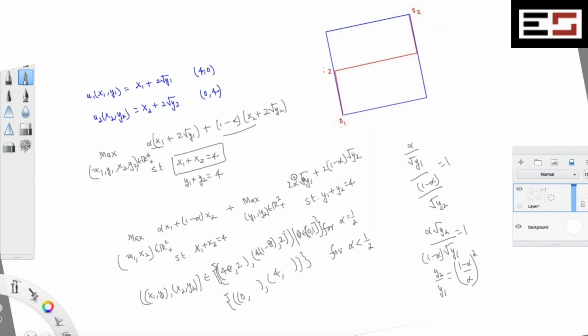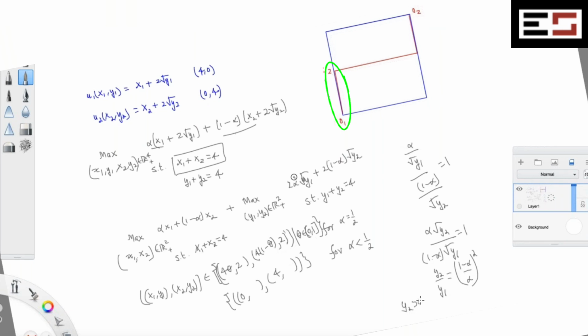That means we are looking at these points. And as we change alpha, we'll keep getting different points. Depending on the alpha, you'll get a point here. If you keep reducing alpha, you'll keep getting a point closer to the origin of 1. Is that clear? Because y2 is greater than y1, right?